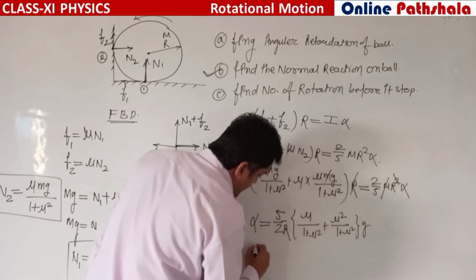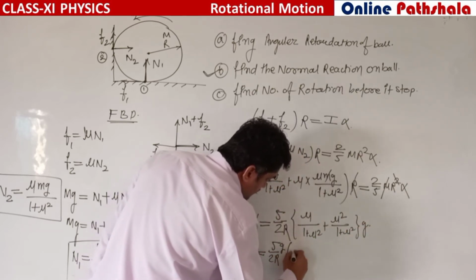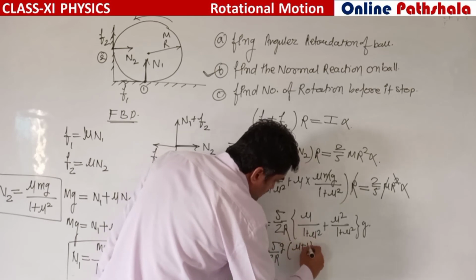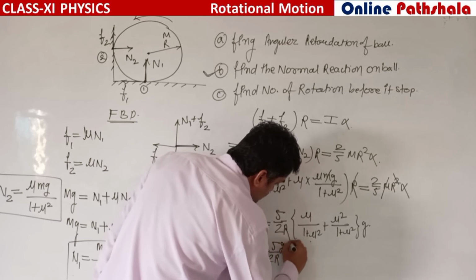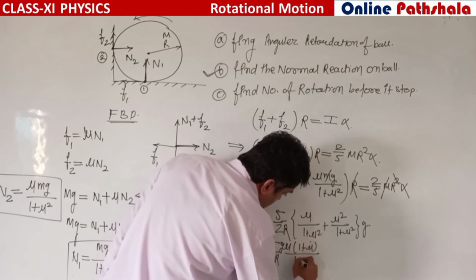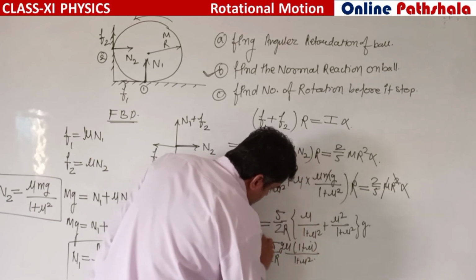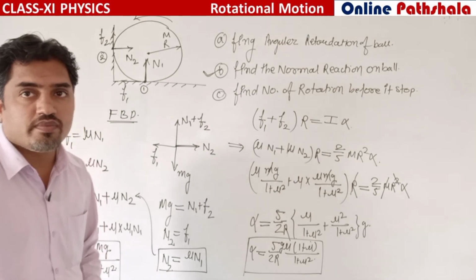So finally alpha is equal to 5 by 2 r into g, and we can take mu common: mu g into 1 plus mu divided by 1 plus mu square. This is the angular acceleration.